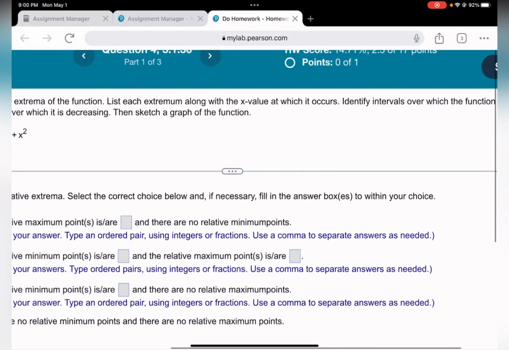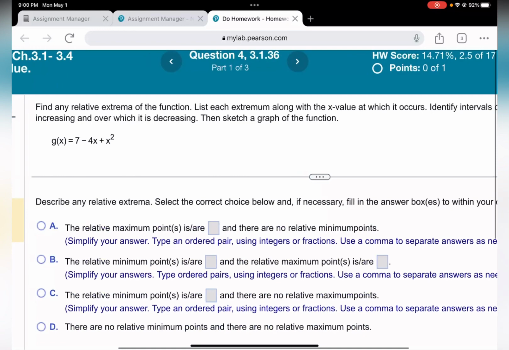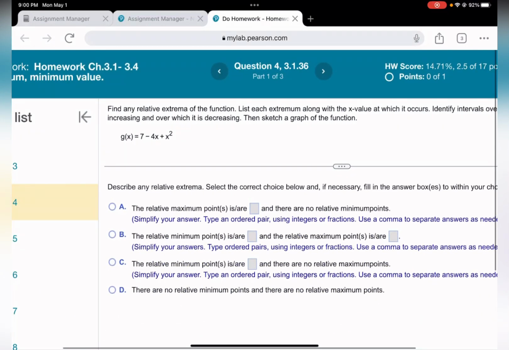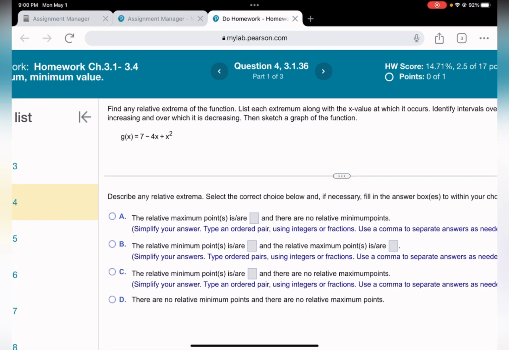Identify the intervals over which the function is increasing or decreasing. Sketch the graph. Okay, let's figure it out. So we need to find relative extrema. Our function is 7 minus 4x plus x squared.